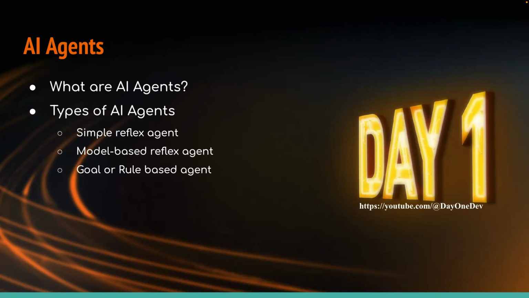And the third one is goal-based, or you can say rule-based sometimes. These are more robust, have reasoning capabilities, and perform much better for complex tasks, for natural language processing or robotic applications.